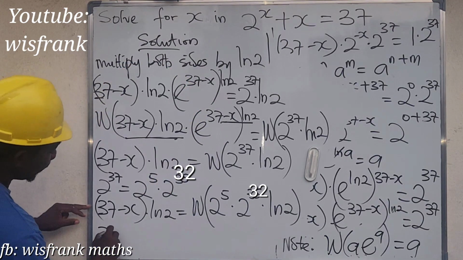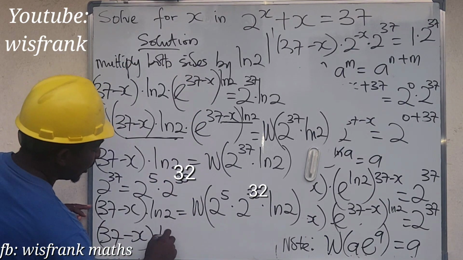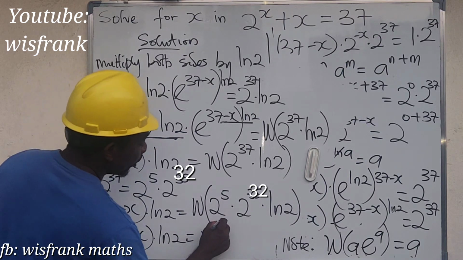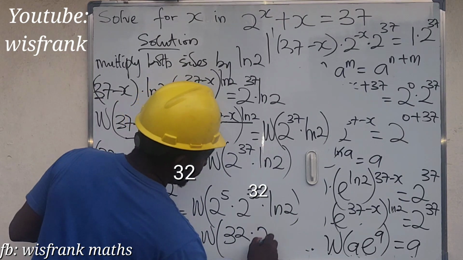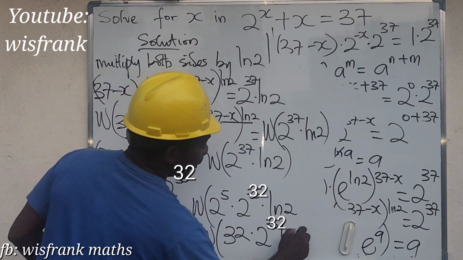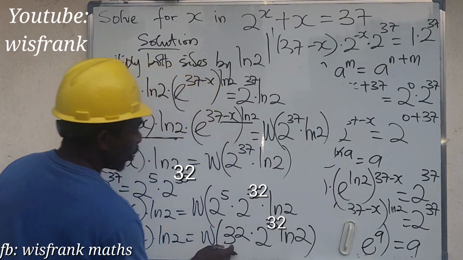So here will become (37 minus x) times ln of 2 equals the Lambert W function of 32 times 2 to the power of 30 ln of 2. So this is what we have.